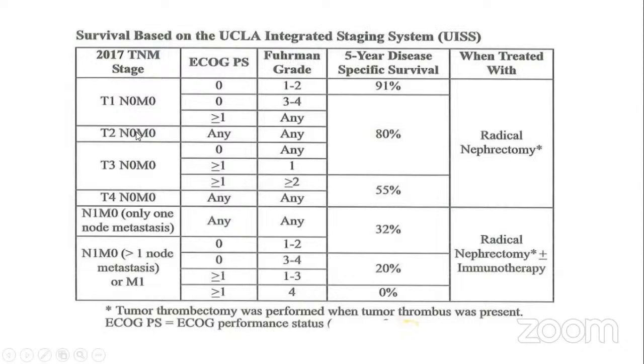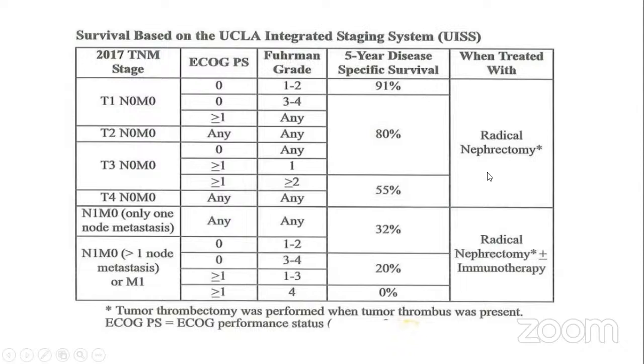Or T2N0M0, any ECOG or any grade, so the survival here is 80%, as well as the TNM stage with this group and grade 3 to 4, and more than or equal to 1. All this is, as you see, the 5-year cancer-specific survival of 80%. But remember 0, that is grade 1 to 2, it's 91%.